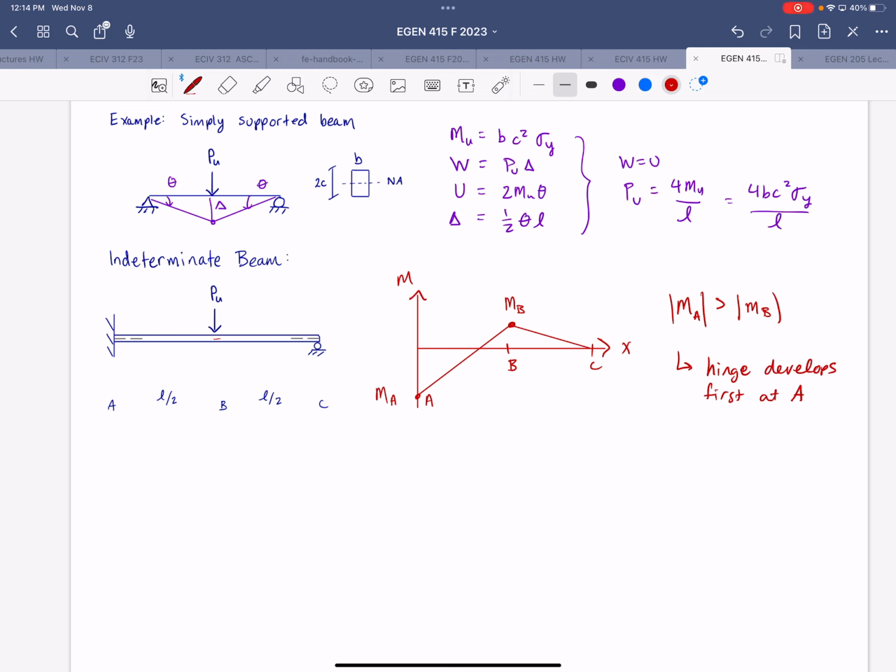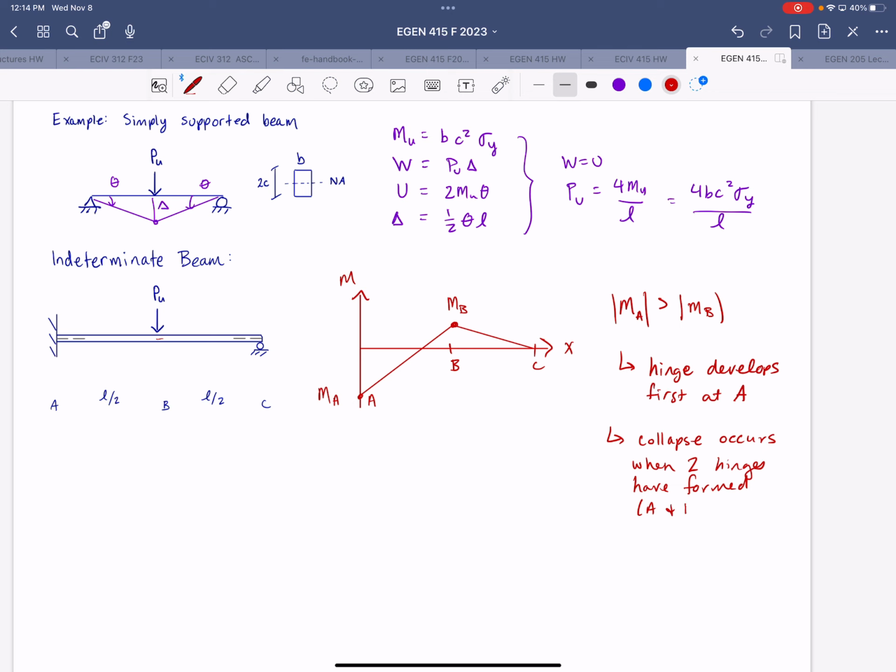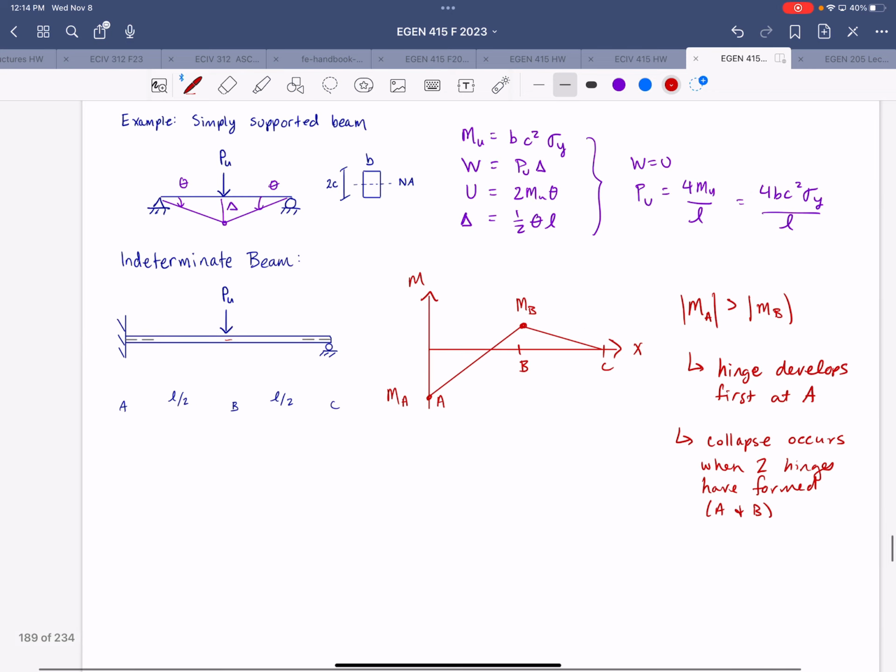But collapse won't occur until the second hinge forms, which will be at point B. So for the collapse mechanism, once the hinge forms at A, you have ultimate moment developed at that location, but it can no longer resist any additional moment.